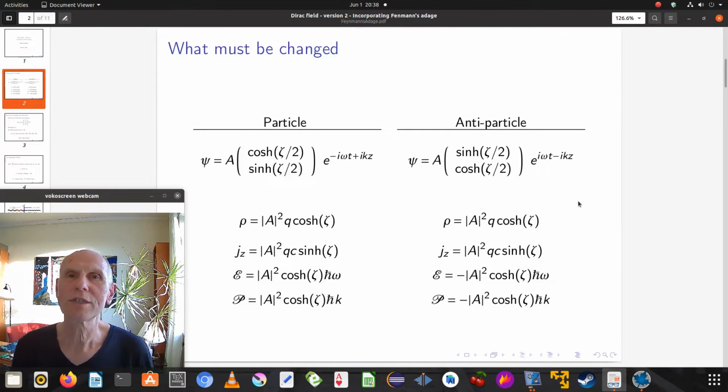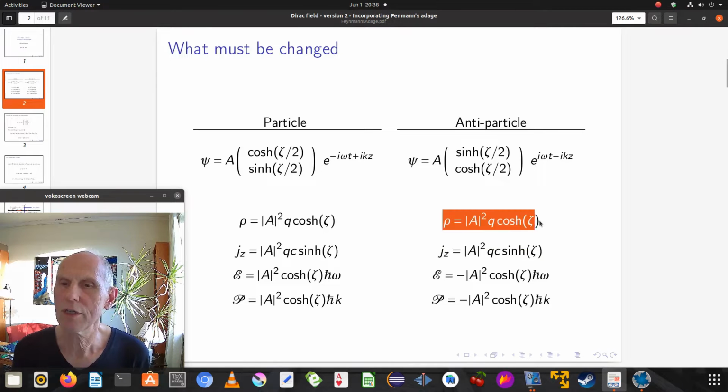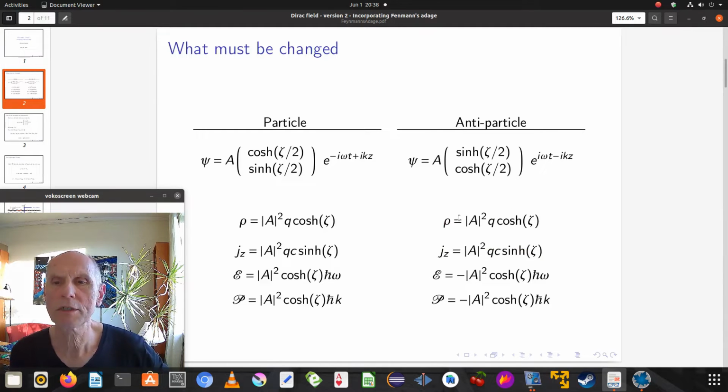And let's first consider Feynman's adage that antiparticles move backwards in time. That should mean that we need to change sign on those quantities where time occurs, like the flow, but not the density, because it's mass or charge per volume.